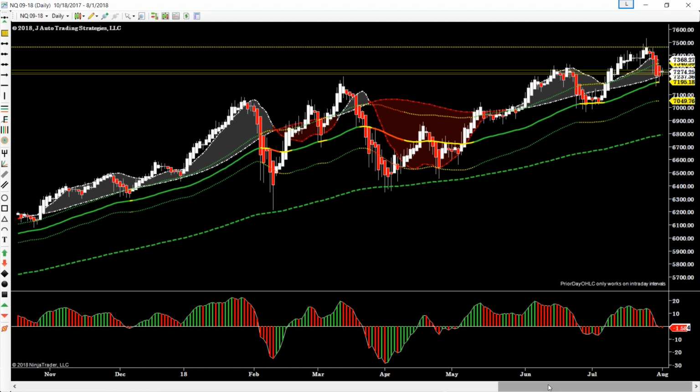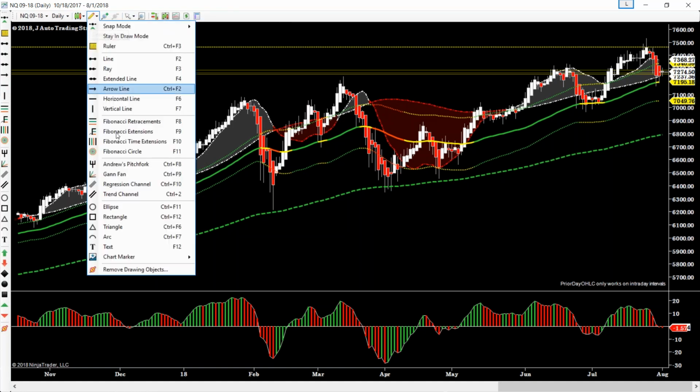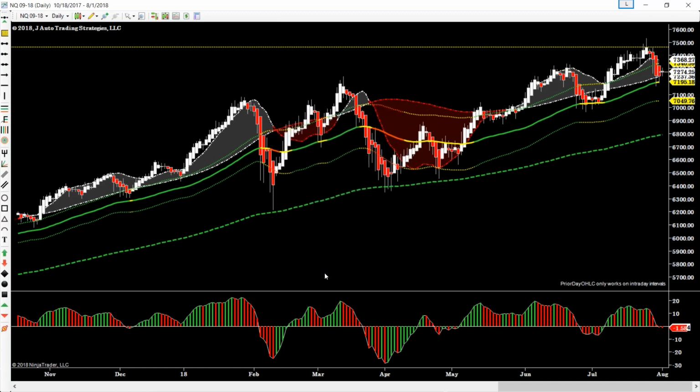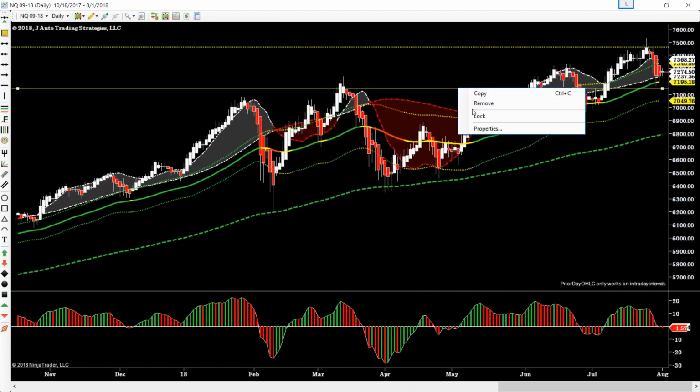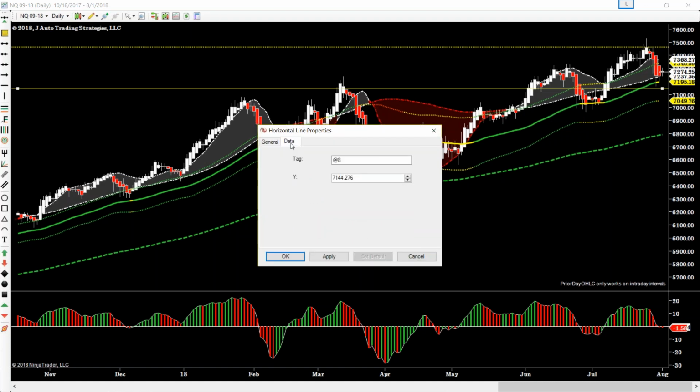So as I thought earlier in the week, let me get rid of all these lines. 7150s really held. We didn't even get the wicks yet, so we could be getting the wicks. Week is not over.